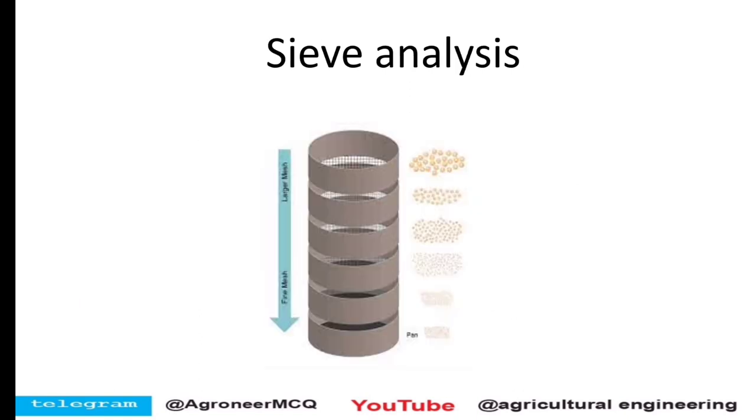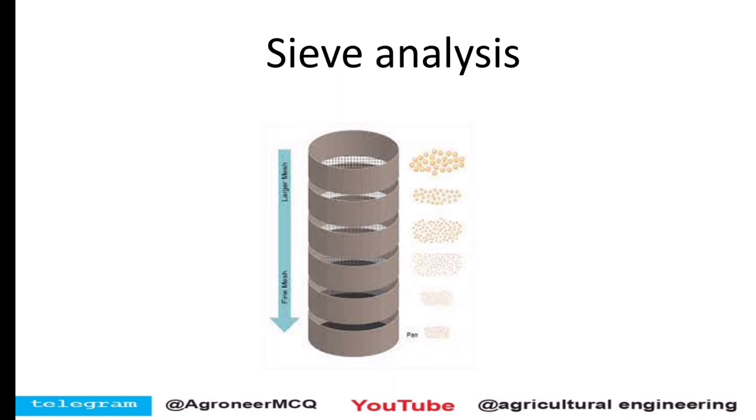For size determination, sieve analysis is done. In upcoming lectures we will see what is meant by an ideal sieve and everything in detail. But for now, as we are covering the topic size, it is necessary to consider sieve analysis. In sieve analysis, we take some sieves.